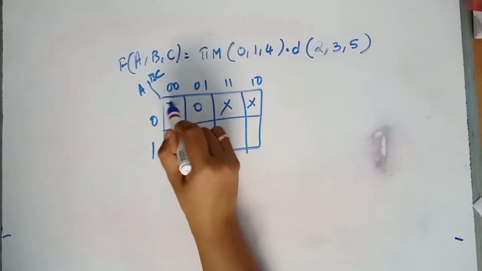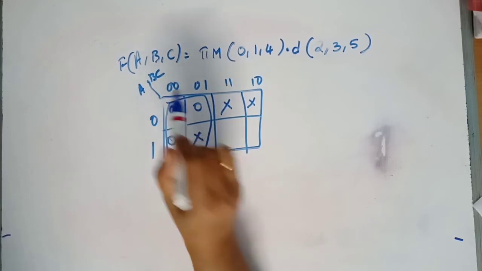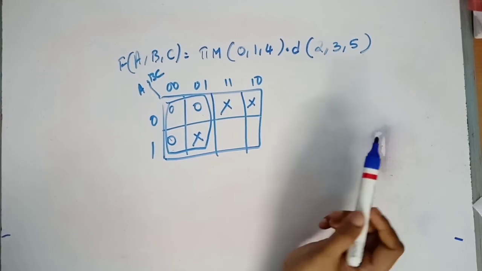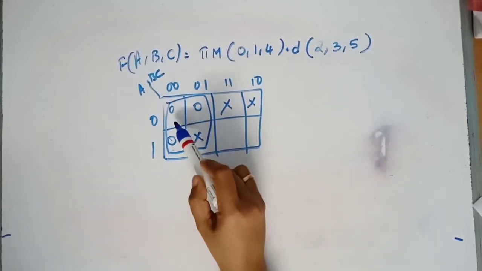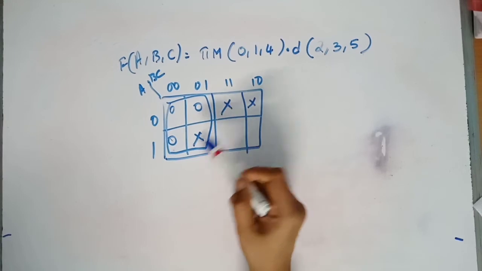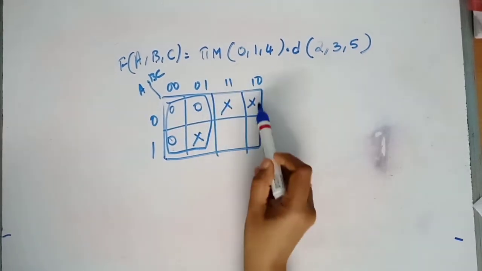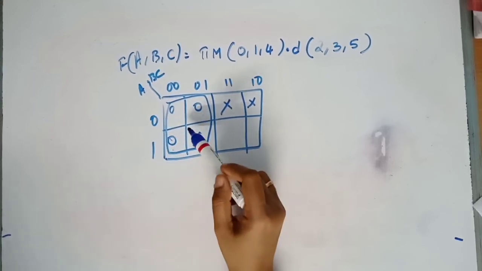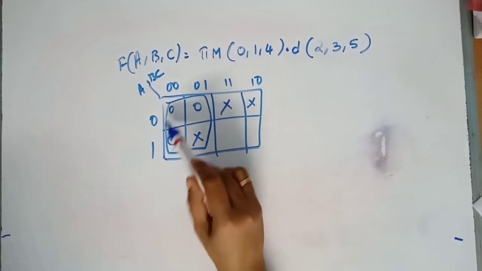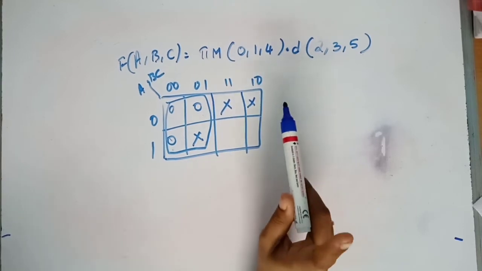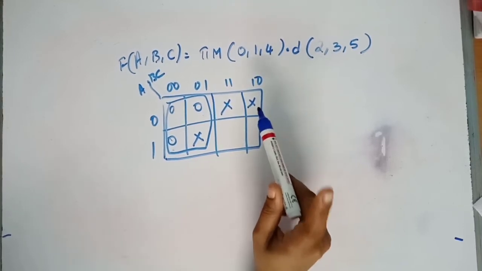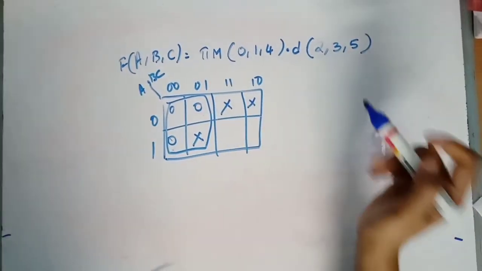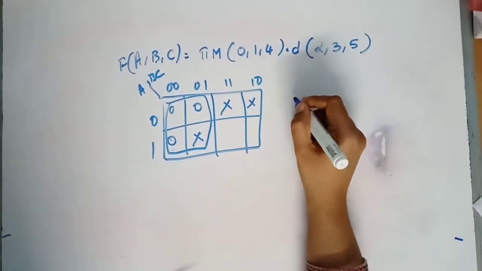This is the only possible way to group. Don't group it with this. Why? Because this contains the maximum number of zeros. You have 2 ways, but then if you group it like this, then again for this particular 0 you have to go for another group. In this particular case, you can go with just a single group. Lesser the number of groups, lesser the number of gates. So here if we write like this, it is just B.